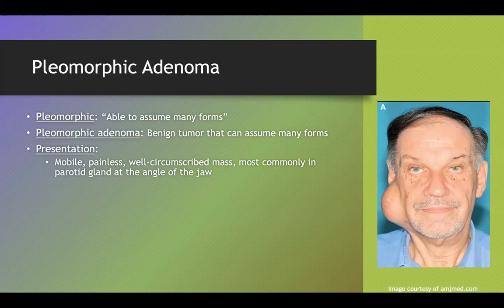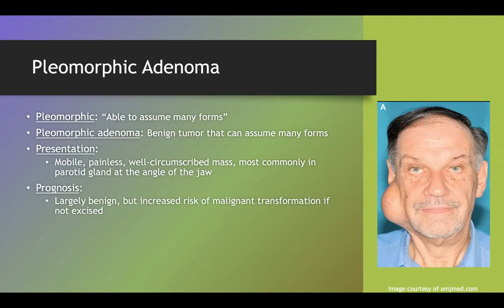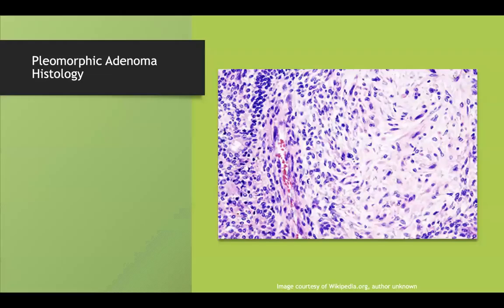So that's a really good differentiating factor when you're thinking about, is this benign, is this malignant, which tumor is this? Prognosis is great, but like I said, as with a lot of adenomas, there's a small risk of malignant transformation, so you usually have to take it out. And unfortunately, with this type of tumor, it does come back often.